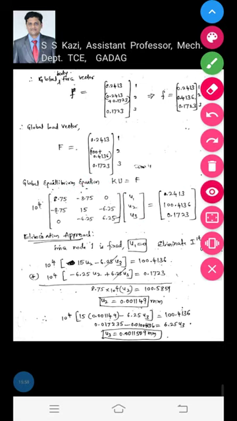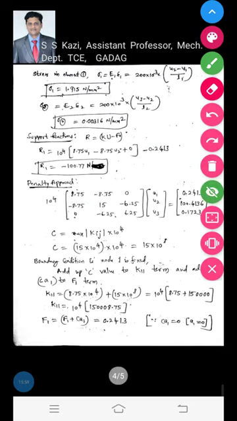To find R1, R1 is equal to 10 raised to 4 outside into 8.751 minus 8.02 plus 0.83 minus 0.2413. This is force Ku minus F1. Next, if you calculate, you will get the reaction force at node 1 as minus 100.77 Newton.